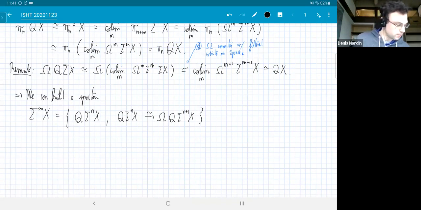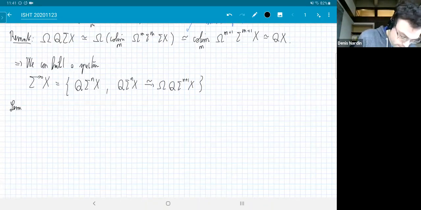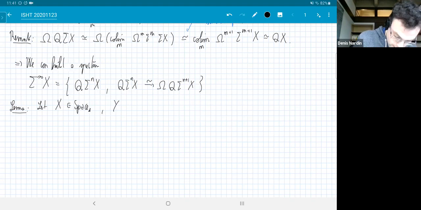Okay, do I have the time to do the... Yeah, I think I have the time to do the following lemma. Let X be a pointed space and E a spectrum.